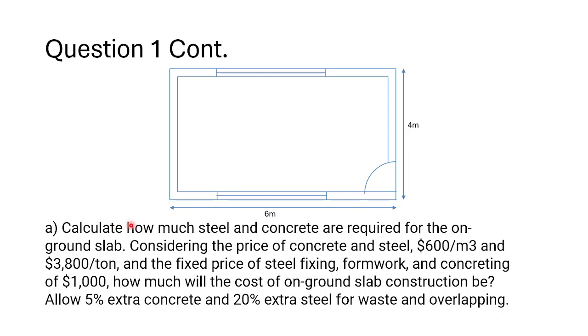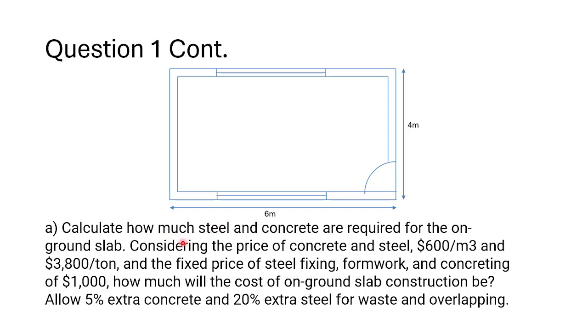So question part A asks how much steel and concrete are required for the on-ground slab. The question just asks for the slab we have as the floor, how much concrete and steel do we need? Considering that it's $600 per cubic meter and $3,800 per ton respectively.